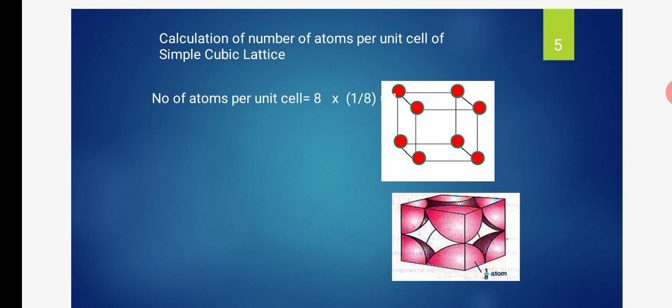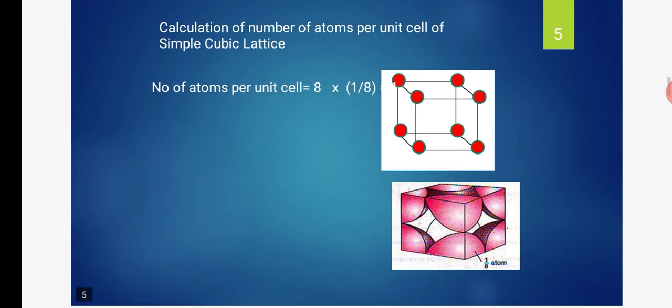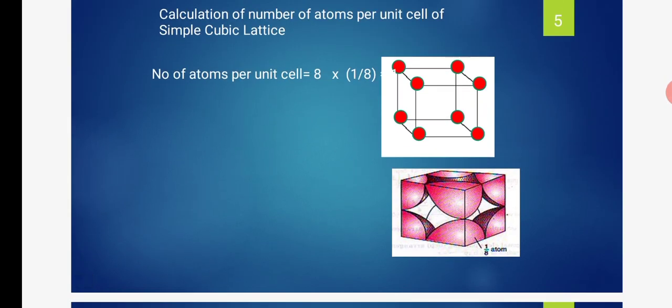In the figure, the number of atoms per unit cell is equal to 8, meaning 8 corners. And at each corner, the contribution of the atom is 1/8. Out of 8, 1/8 part is contributed at each corner. Therefore, 8 into 1 by 8, total 1 atom. 1 atom is fully contributed.